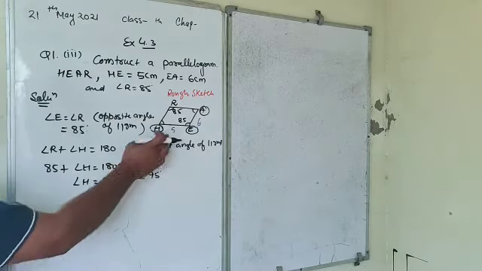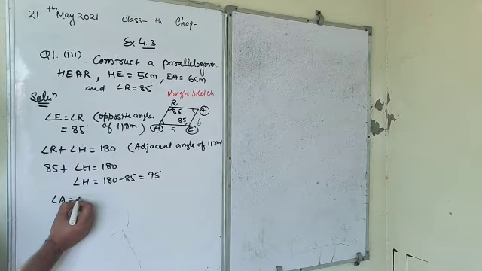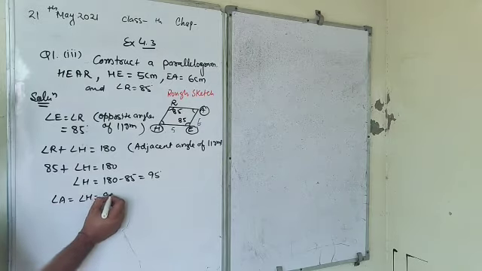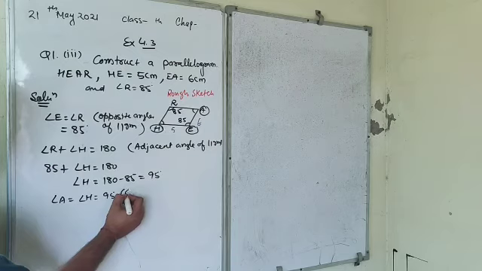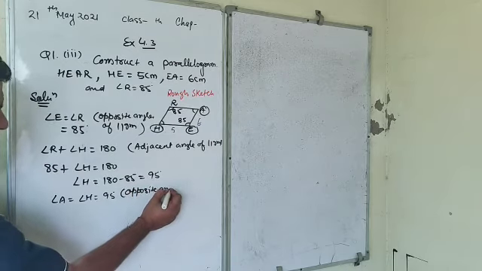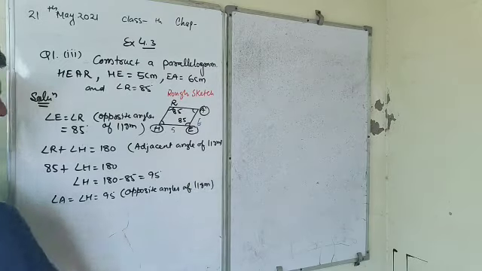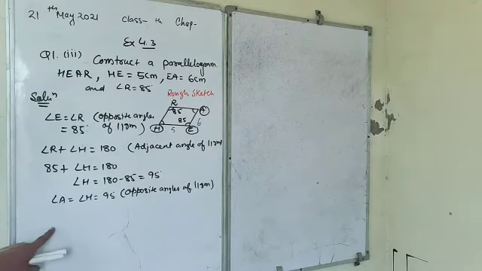Now we have to find the angle A also. So angle A is equal to angle H is equal to 95 because they are opposite angles of parallelogram.